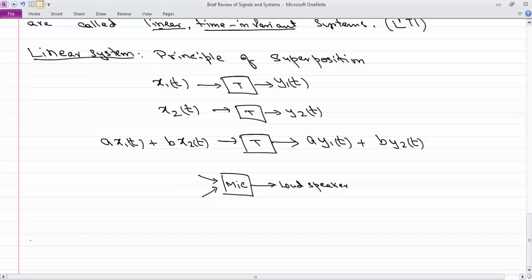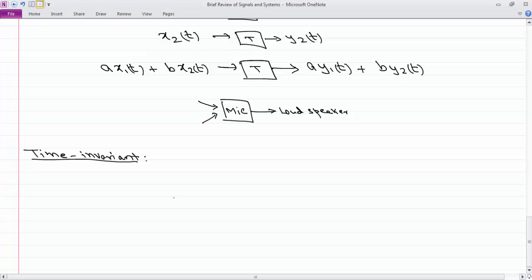Now, the second part of LTI systems is time invariance. So, what's a time invariant system? A time invariant system is simply a system that we are saying the system is not changing with time. It is static. The operation of that system does not vary with time.